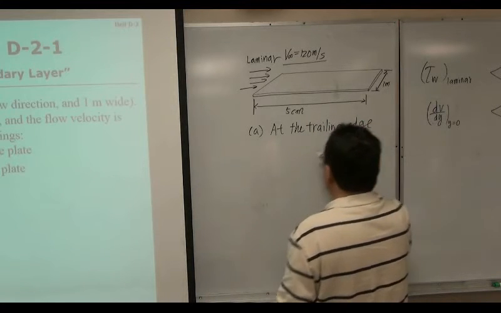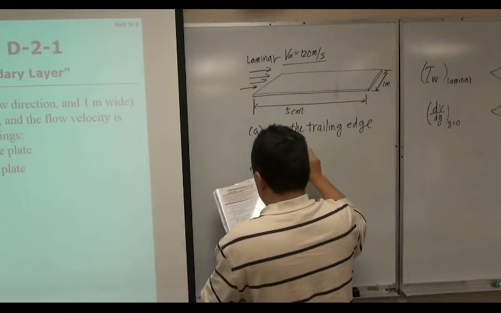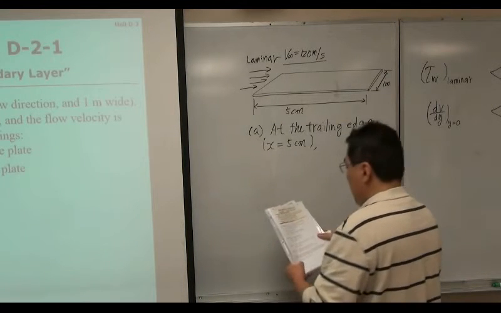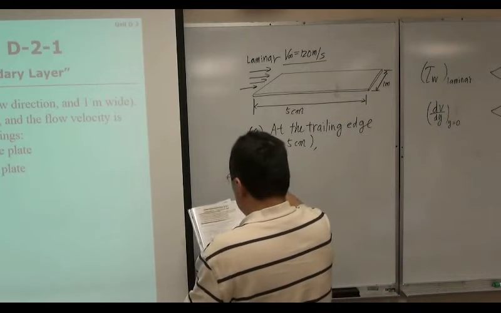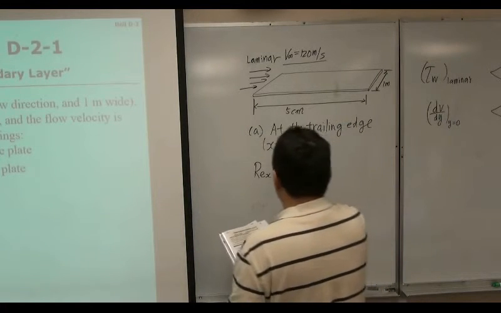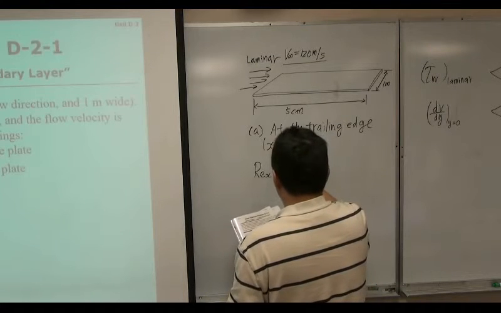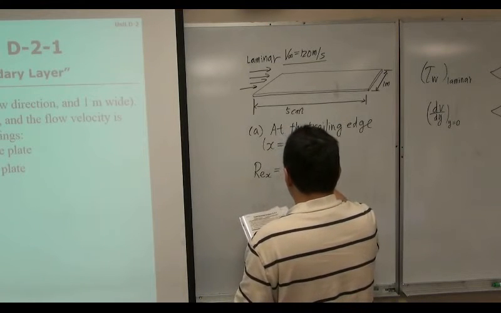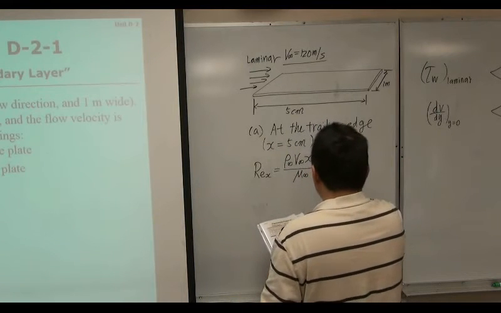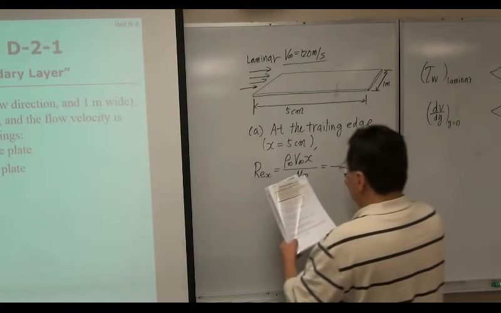At the trailing edge, where x is equal to 5 centimeter, let's determine Reynolds number. Reynolds number as a function of x is rho infinity v infinity x divided by mu infinity.